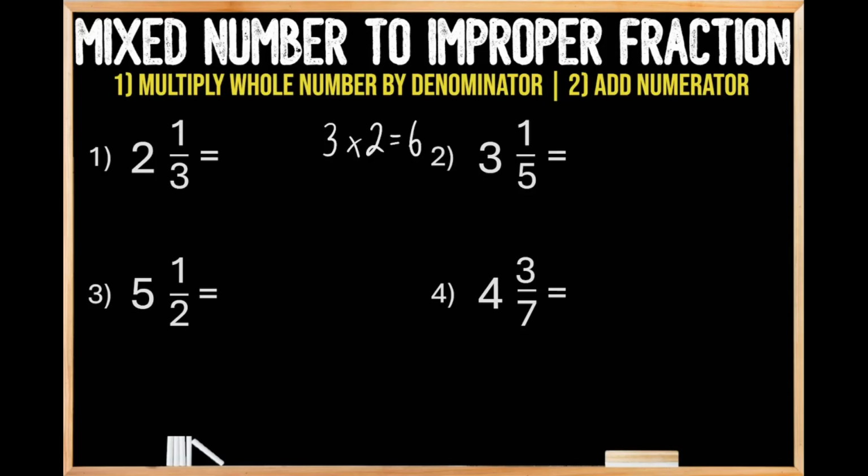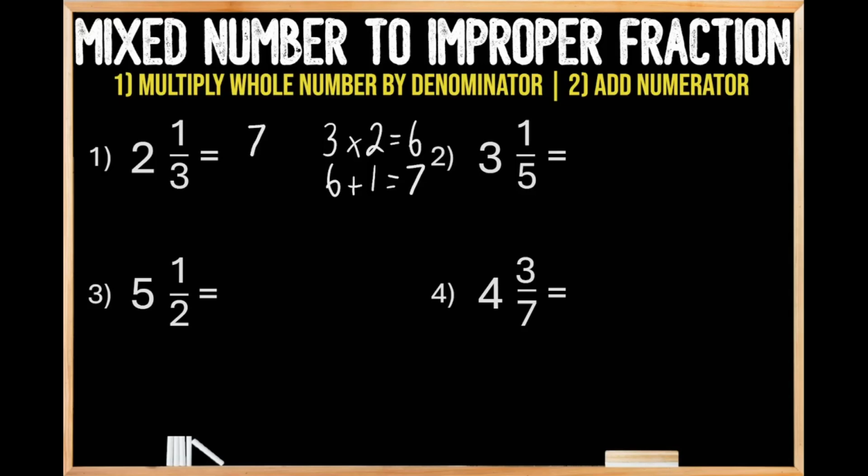So now we need to account for our numerator in the fractional part of our mixed number. And here we have a numerator of 1. So we're going to add that numerator of 1 onto our 6 in order to get the numerator for our improper fraction. And when we add 6 plus 1, we get 7. So that means that our numerator for our improper fraction is going to have a value of 7.